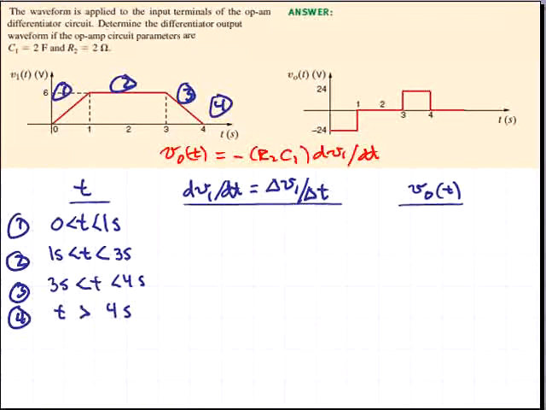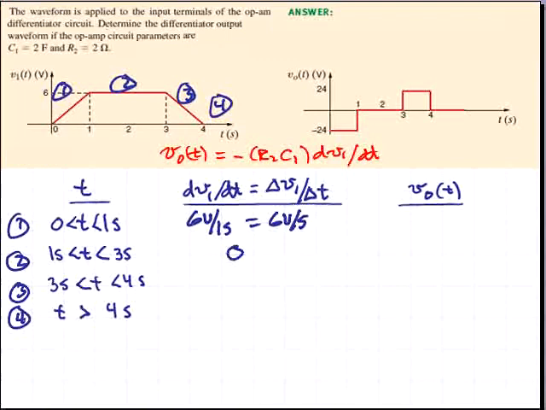In the interval from 0 to 1 second, the slope is 6 volts divided by 1 second, which is 6 volts per second. In the second interval from 1 to 3 seconds, the horizontal line indicates a slope of 0.